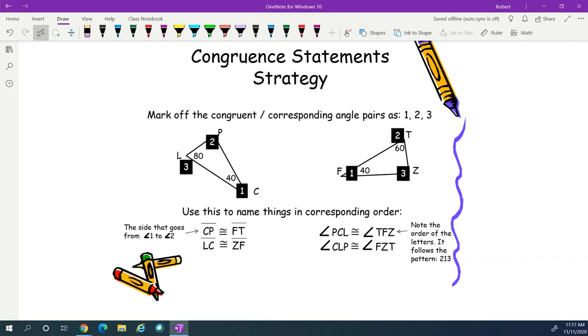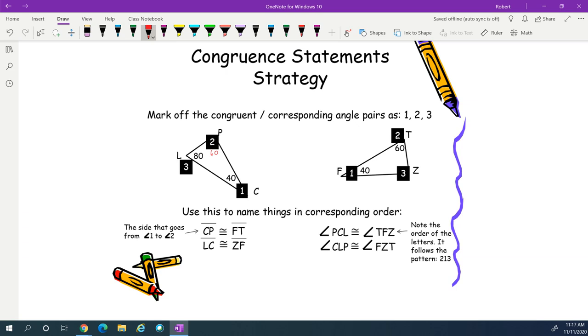So looking at our strategy, we're told these triangles are congruent, but we have to write out congruence statements. So we want to understand this. In my first triangle, just number them. Vertex 1, vertex 2, vertex 3. Now, it's certainly helpful to find the missing angle. So if we have 80 and 40, we can find out that our missing angle here is a 60.